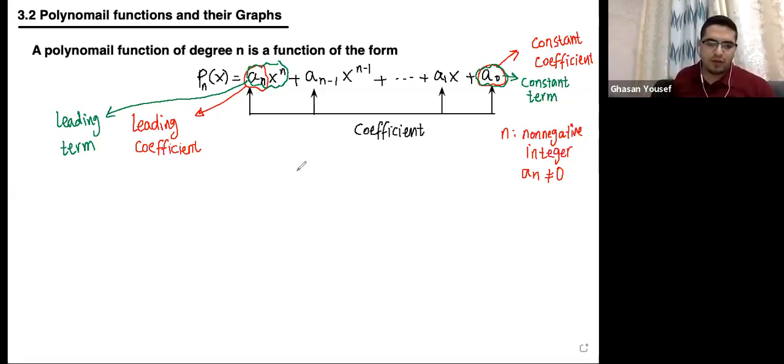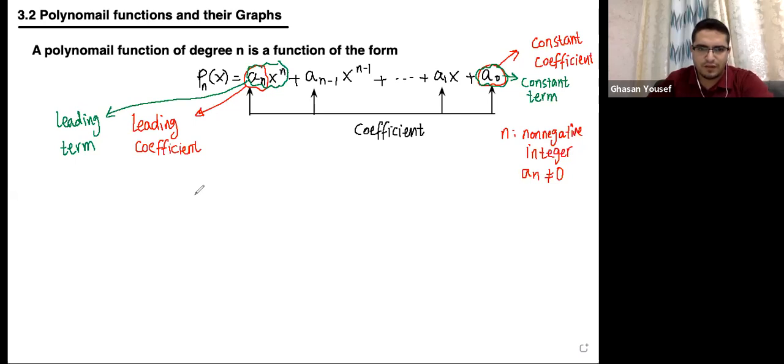Now we have to know how the graphs of the basic polynomials look. This is just a review. Before we go to the graphs, any question for this? Or is this clear? I'm going to give you an example before we go over the graph.